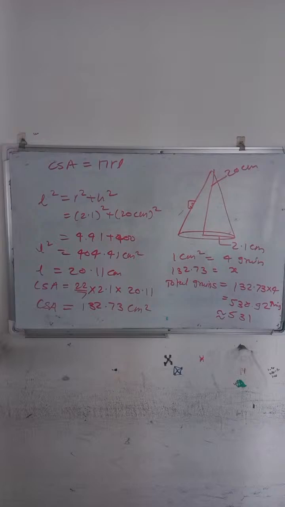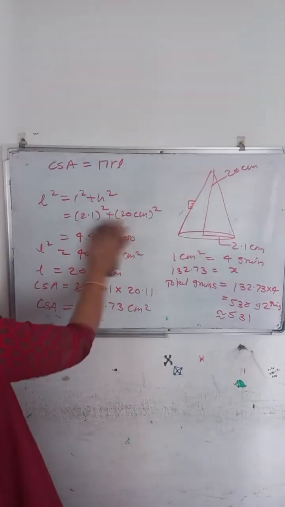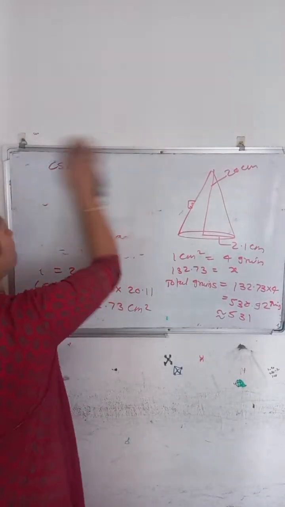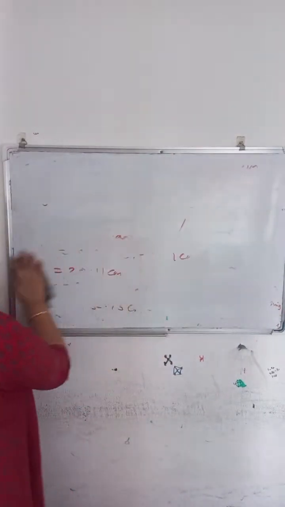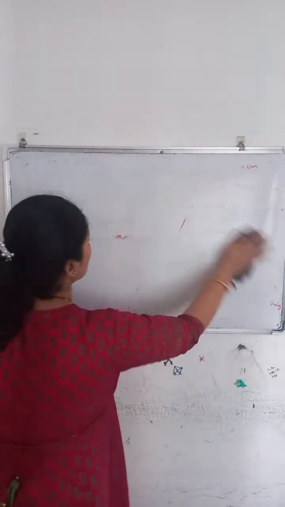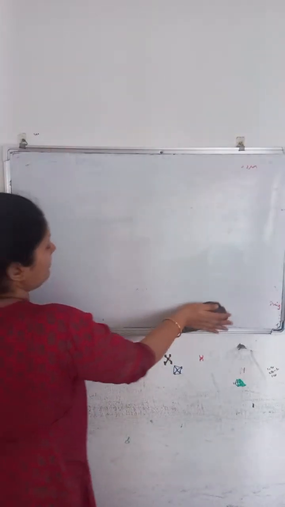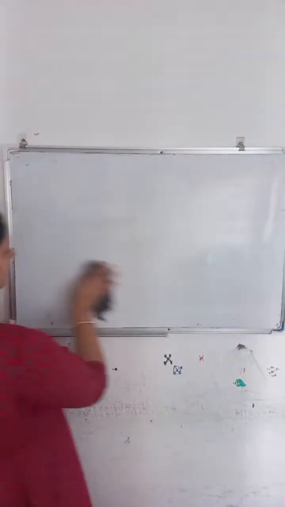So here, first write down the given data. The total cost of making this spherical ball. The diagram is not compulsory, but if you want, you can draw the diagram properly and find the answer.